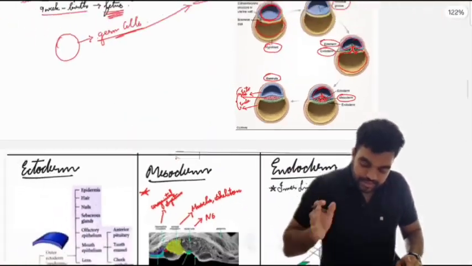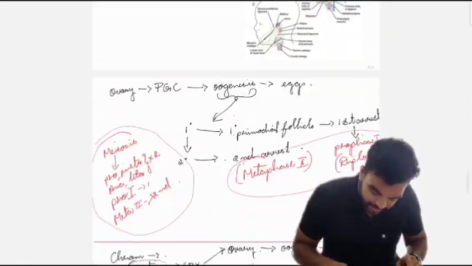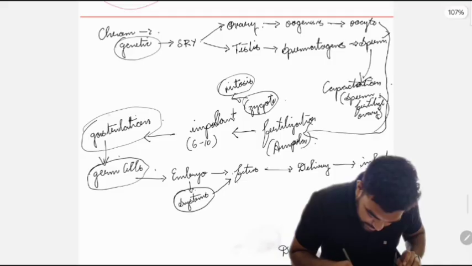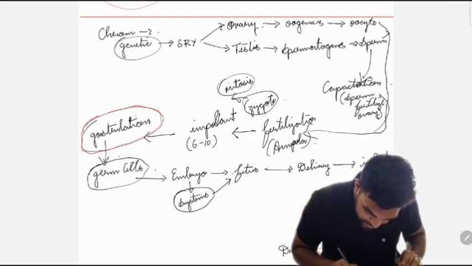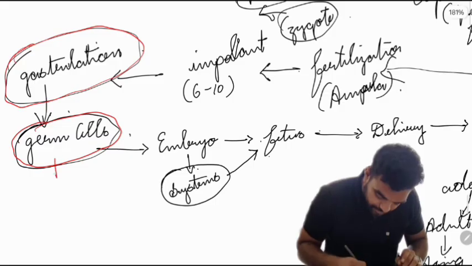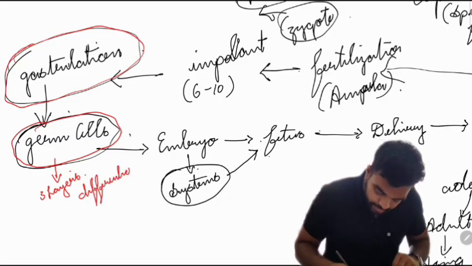So now that you know what gastrulation was all about, let us go to our flow chart again. Here we discussed gastrulation, where we learned about the formation of germ cell layers, three layers which undergo differentiation to form an embryo.